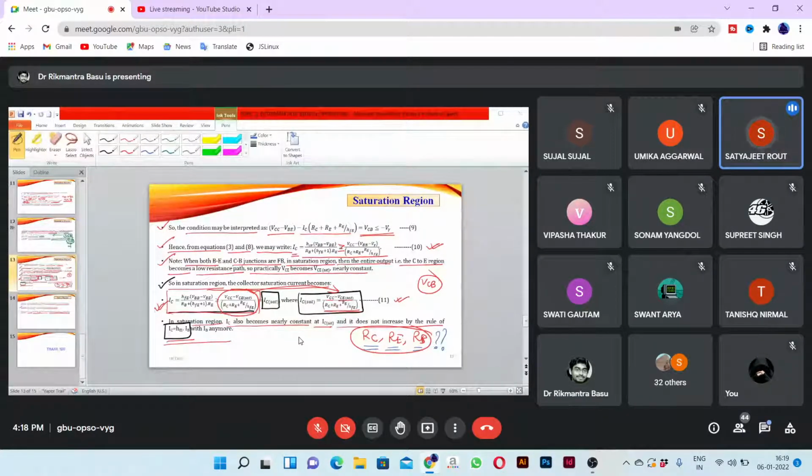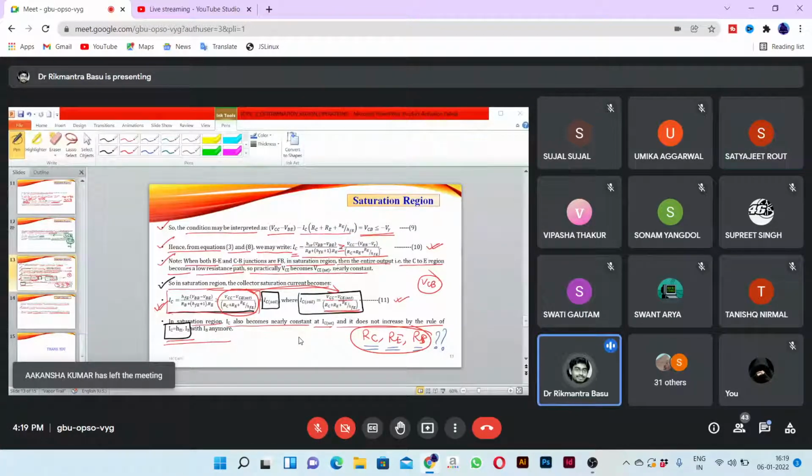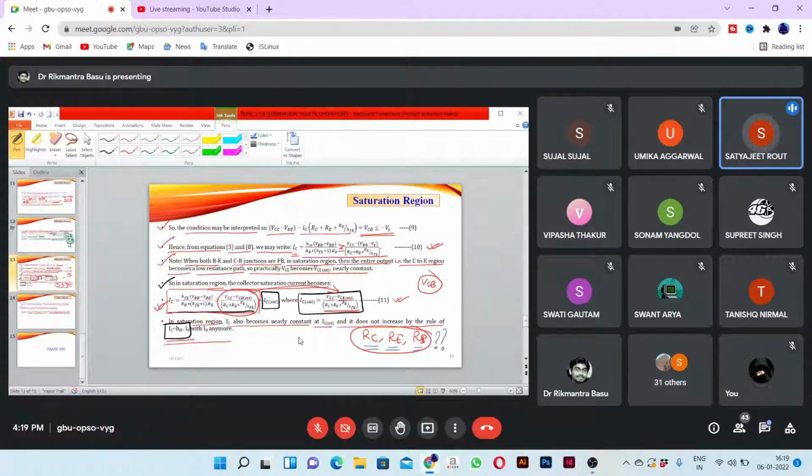Sir, RC should be greater than RB. Because while analyzing the equation, if we check the denominator, the numerator gets fixed. In the denominator on the left hand side, there is RB plus (HFE plus 1) into RE.